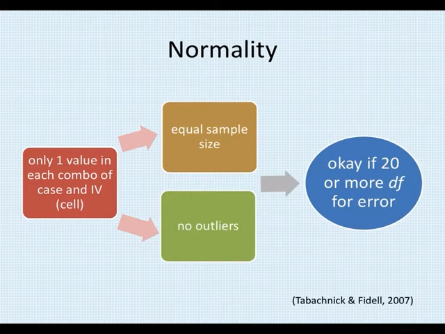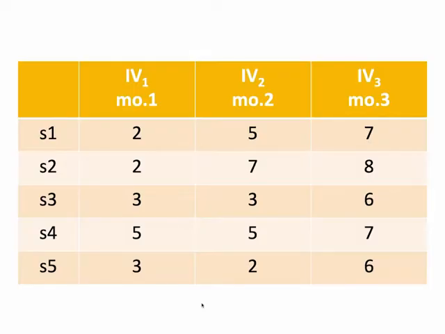So this is IV1, IV2, IV3, and then we have the different subjects, subject 1, 2, subject 3, subject 4, and then they have all their different scores here.